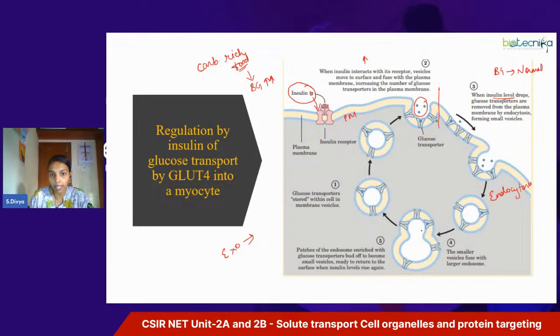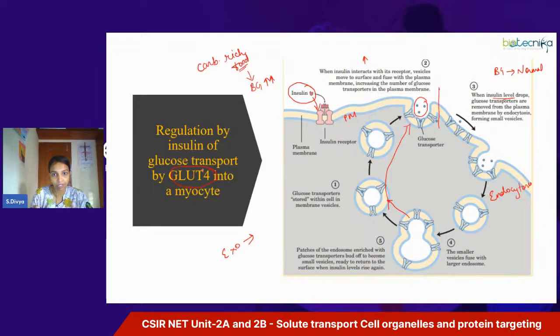So when required, when they get a signal, slowly they will be pinched off from the membrane and move towards the plasma membrane undergoing fusion, take up the glucose, and once the blood glucose level backs to normal, it will be recycled back. This is what the regulatory mechanism of insulin by GLUT4 transporters within the muscle cells is. Okay, I hope so.